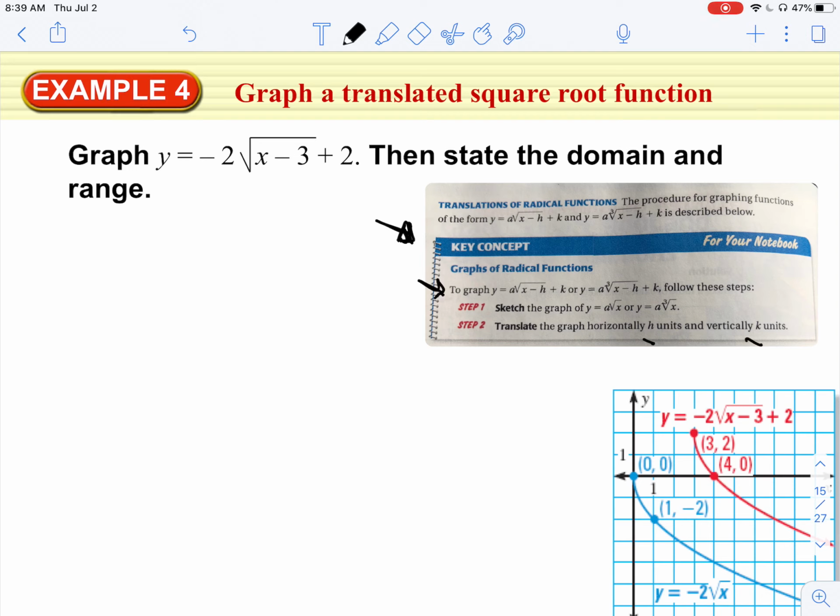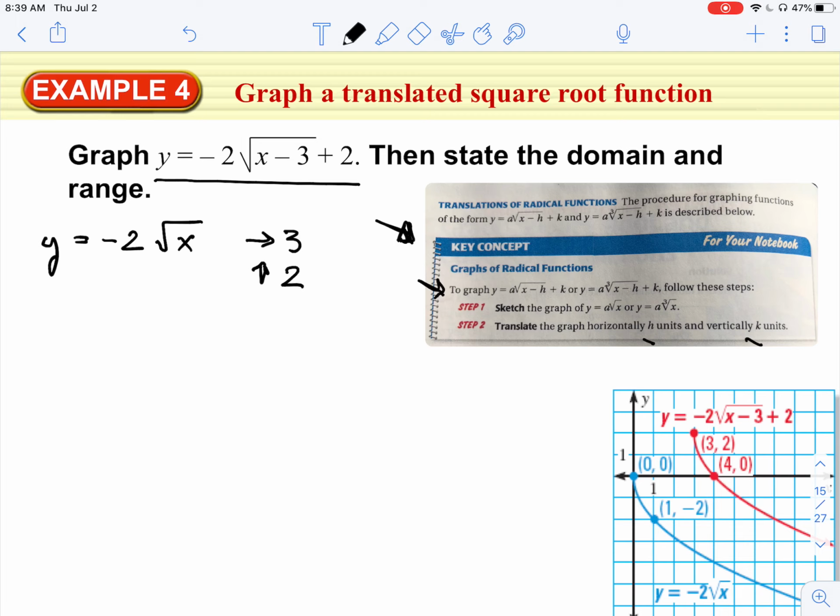All right, so now I'm into my example. What I want to graph first is y equals -2 square root of x. And then if it's x minus 3, I'm going to move it right 3 units and up 2 units.